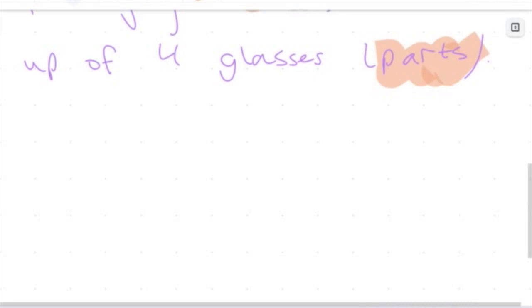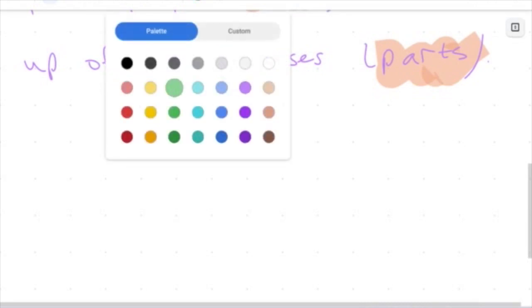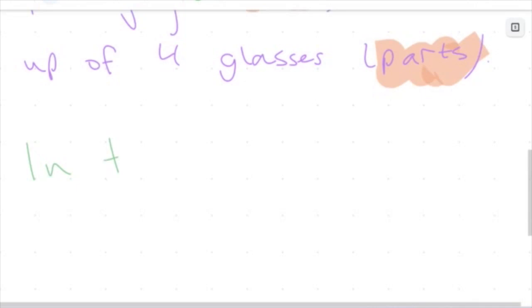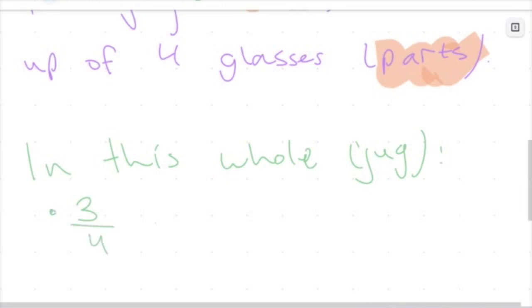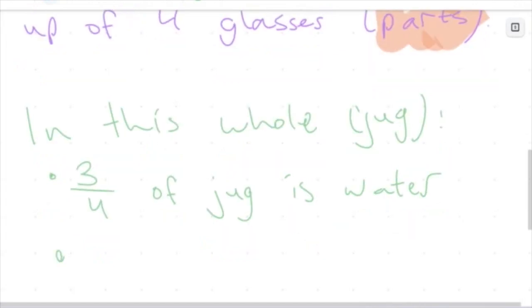So I can say that in this whole, my jug, 3/4 of the jug is water, because 3 out of the 4 parts that went into making this were water. And 1/4 of the jug is cordial.